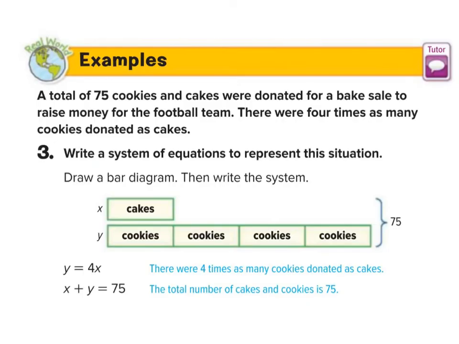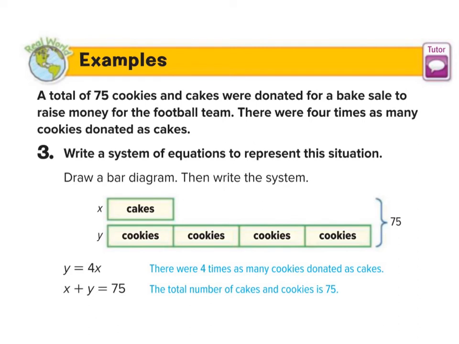Okay, example 3. A total of 75 cookies and cakes were donated for a bake sale to raise money for the football team. There were 4 times as many cookies donated as cakes. Write a system of equations to represent this situation. Draw a bar diagram, then write the system. So the bar diagram below shows that there's 4 times more cookies than cakes.